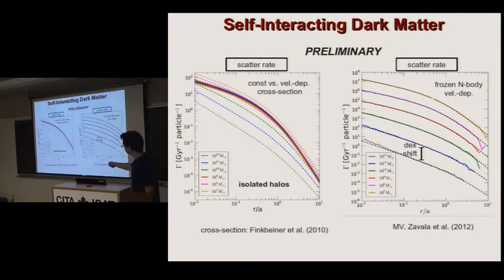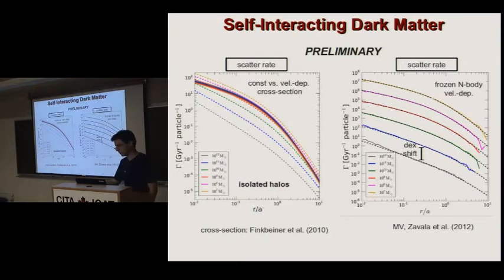The solid lines are the constant cross-sections, and the dashed lines are the systems with velocity-dependent cross-section. These are the N-body calculations where the colors are the N-body result and the dashed are the analytic result. So this is just to show you that this model works.